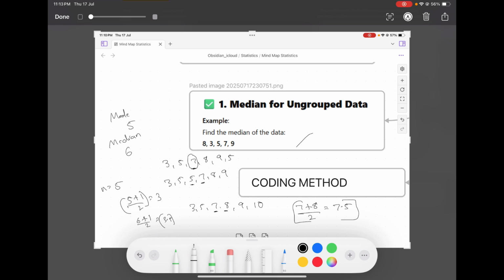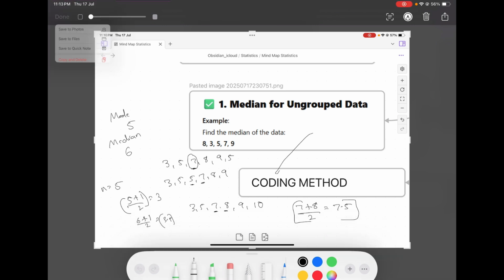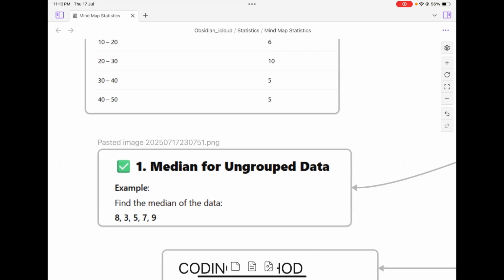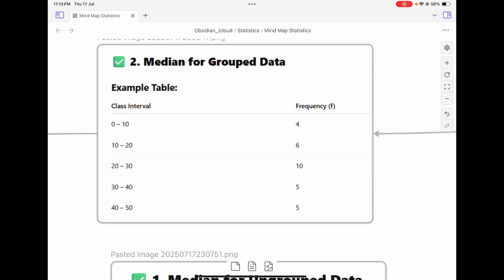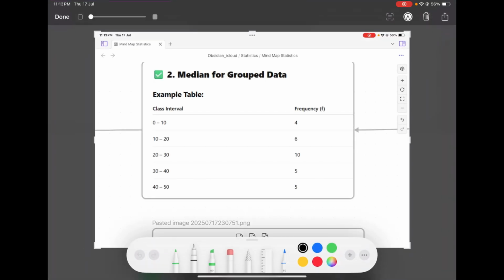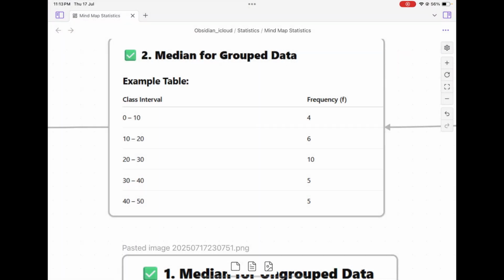Now let us move to how to calculate the median for grouped data. This is an example of grouped data. Here the intervals are given: 0 to 10 with frequency 4, 10 to 20 with 6, 20 to 30 with 10, etc. To calculate the median for this data, you need a formula. Let us see that formula.